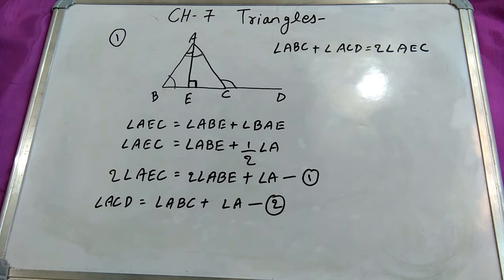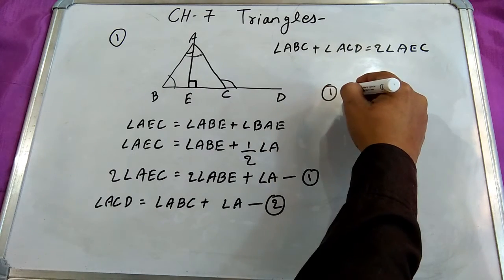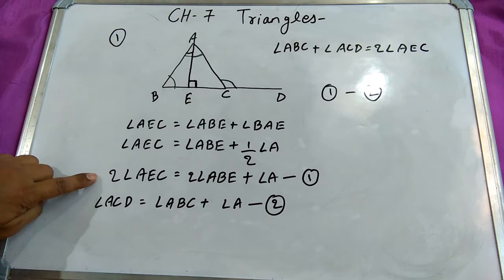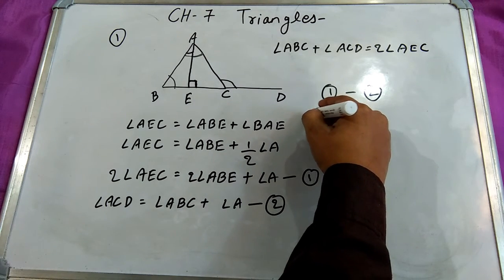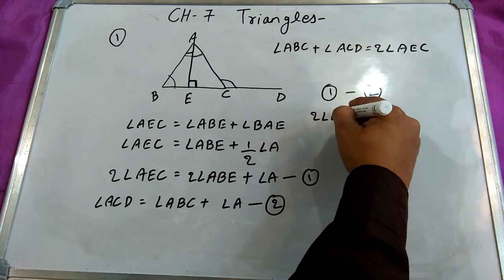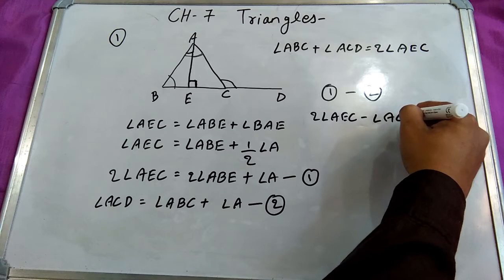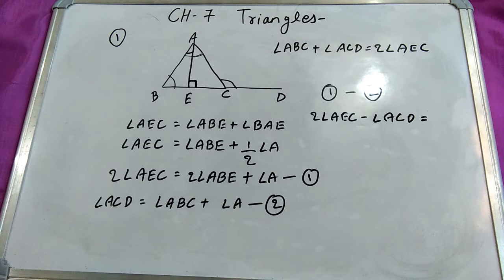Now we have to subtract equation number 2 from 1, which means first minus second. So 2 angle AEC minus angle ACD equals 2 angle ABE plus angle A minus angle ABC minus angle A. Angle A will cancel out each other.